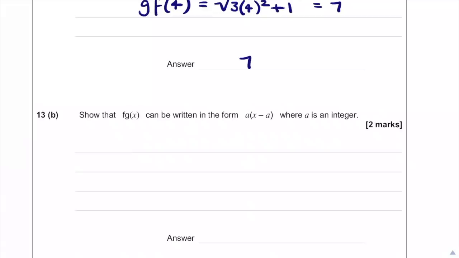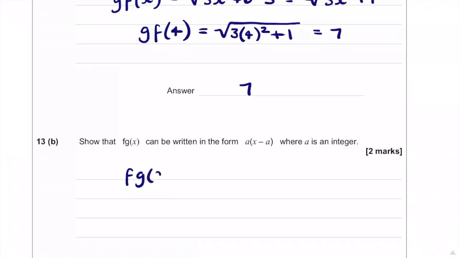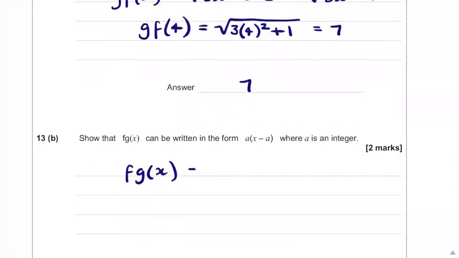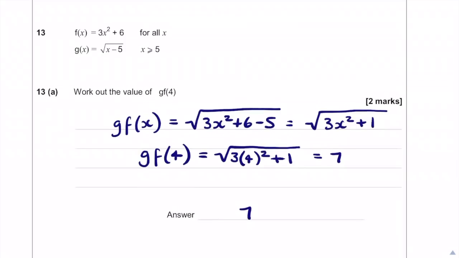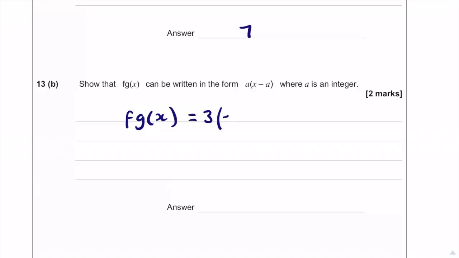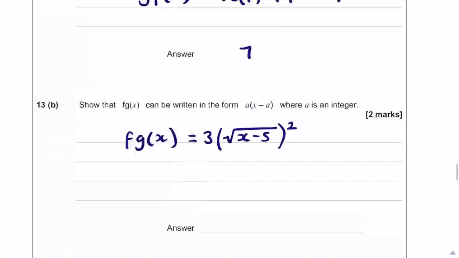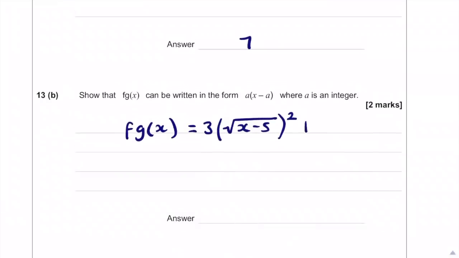Part B is to show that the function fg of x can be written in the form a multiplied by x minus a, where a is an integer. So fg of x is the same as taking function f of x and replacing x with root x minus 5. So we get root x minus 5, all squared, times 3, plus 6.